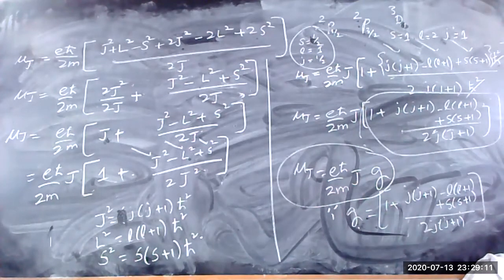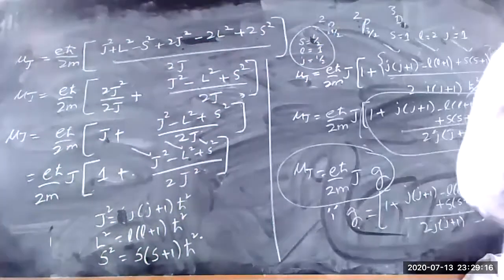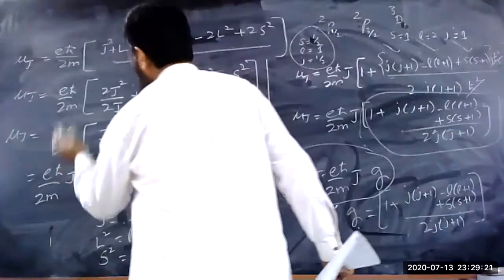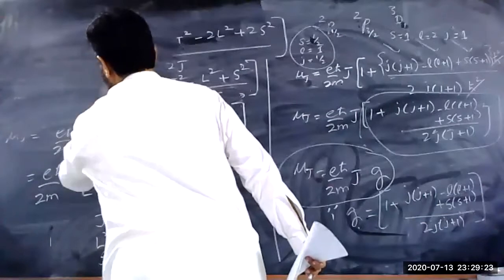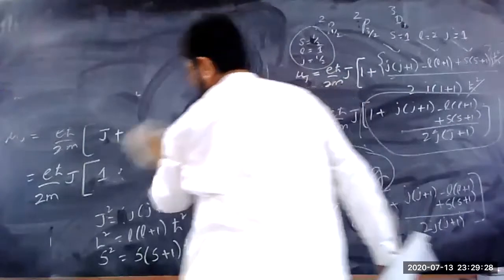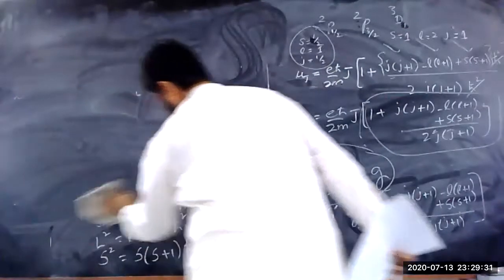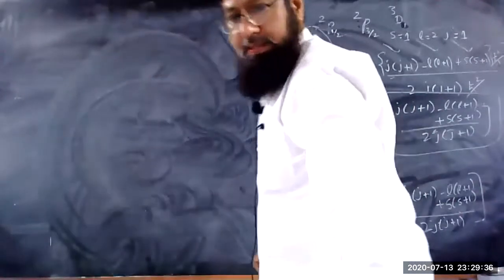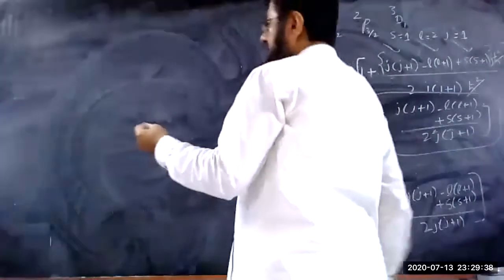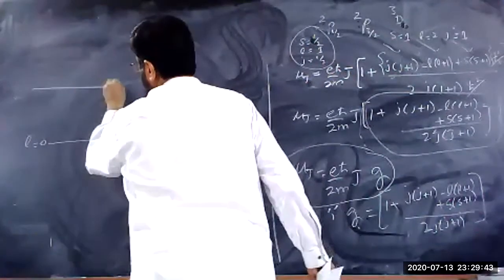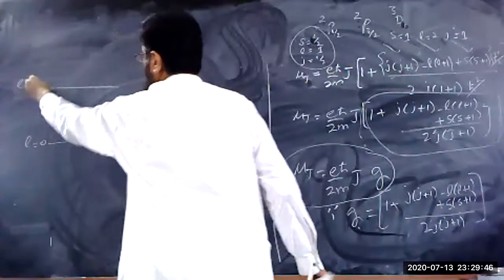For example, let's say this is the level for L is equal to 0, and this is for L is equal to 1.